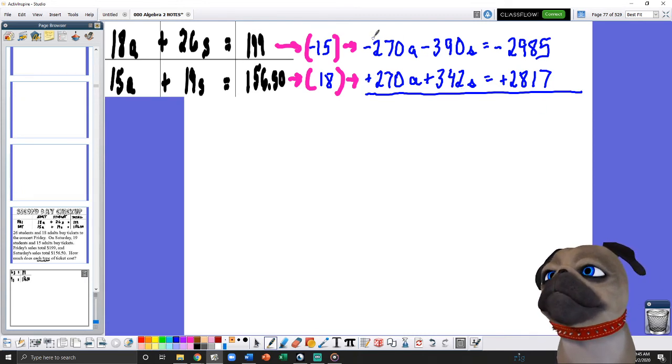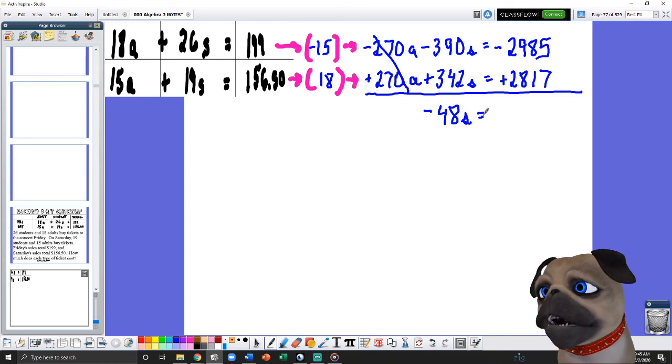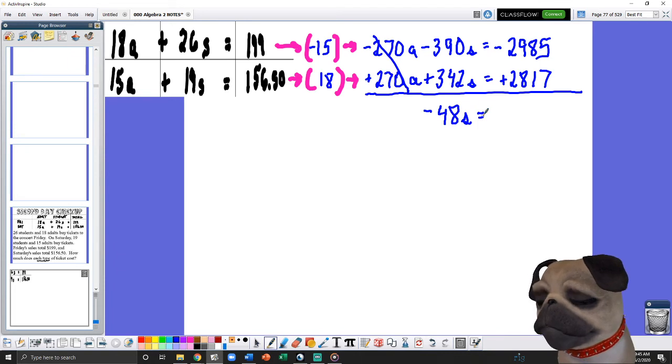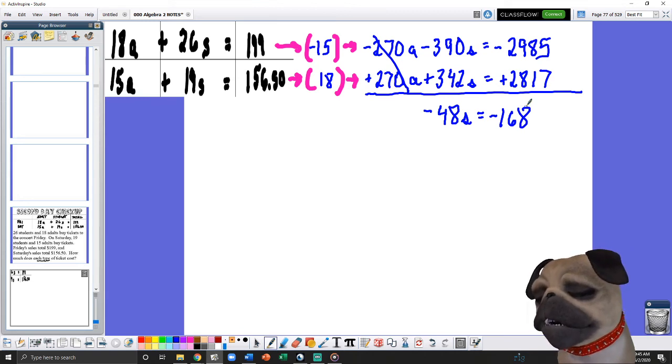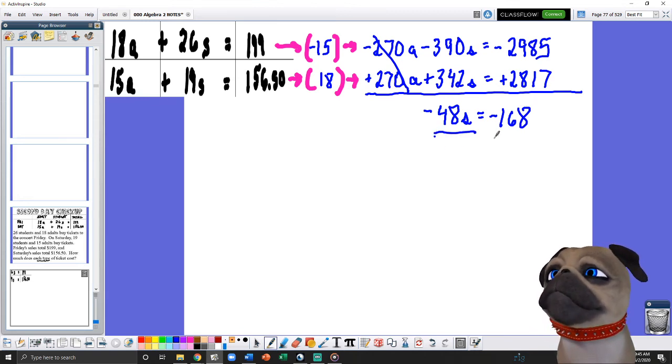So here we go. Negative 270 plus 270, they cancel. If they didn't cancel, I would know that I screwed up. This gives me negative 48S equals 2817 and negative 2985. That's going to give me negative 168. Okay, now I'm going to divide both sides by negative 48.